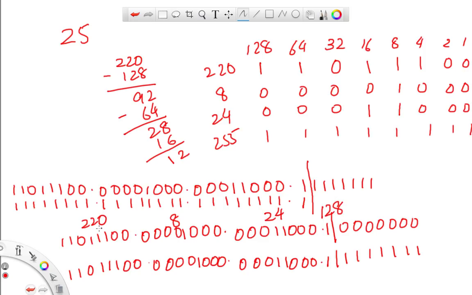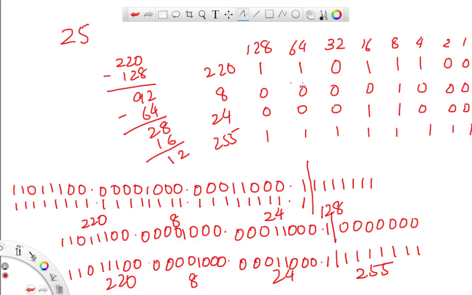All right, this will be your network address. And what is your broadcast address? It'll be 220.8.24.255. This is your broadcast address.